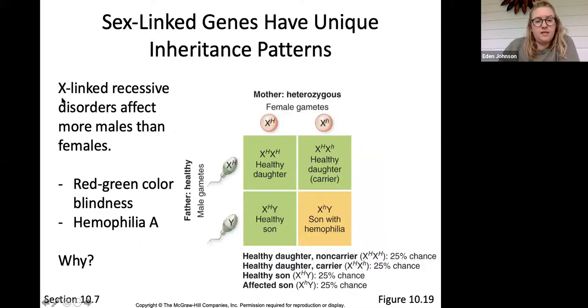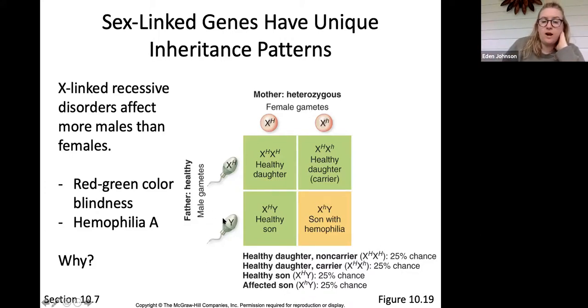All right, so X-linked recessive disorders affect more males than females. We are not going over this. I'm not gonna do this to you, but they affect more males than females. Just know that. And the reason why they do is because, again, your Y in an X-linked disorder doesn't carry anything, okay?